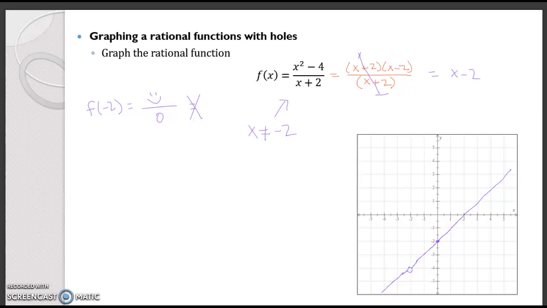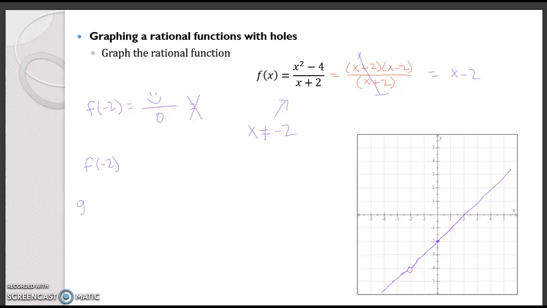So it's basically saying, hey, this function is going to act like this line, except for at this x equals negative 2 value. And let's say it's not this nice easy line, how do I find where that y value is going to be? Because I can't just plug in negative 2, right?